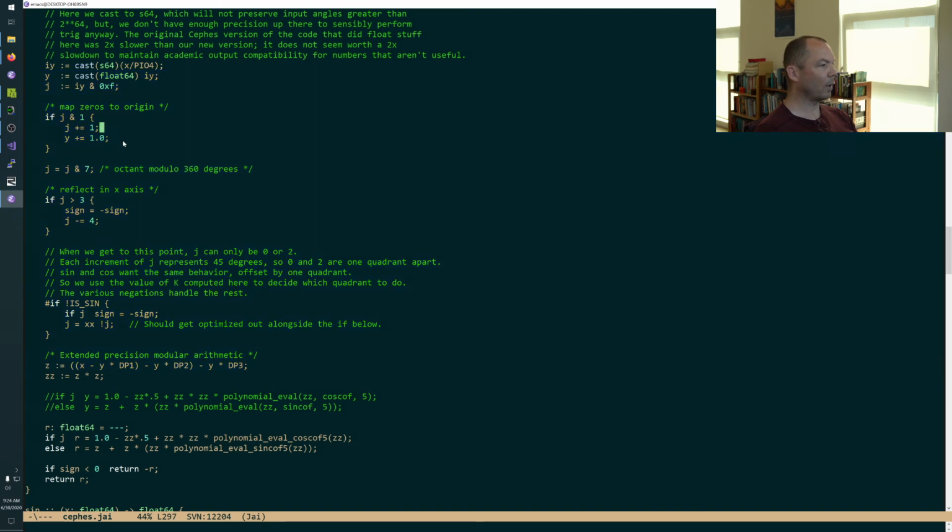Why not do j equals y plus 1 and 7? Because you only want to add one. You only want to add one to bump it up to the next even number. I don't understand what map zeros to origin means, honestly. So I don't know why this.